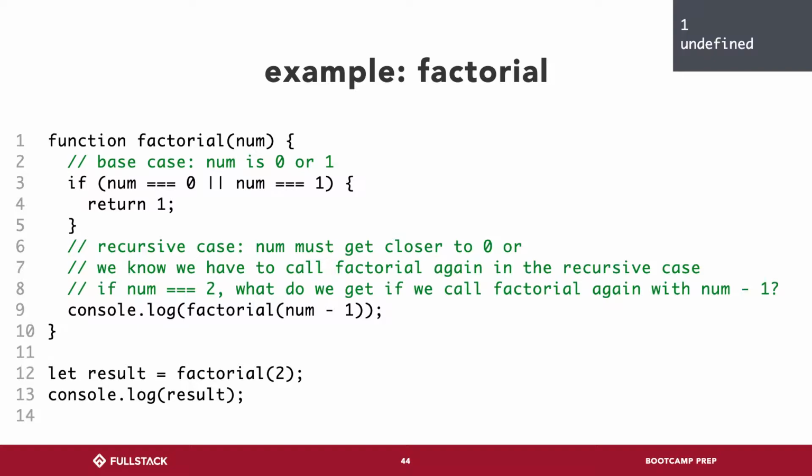Because this function runs, it hits this, so then this function is called again. So then this is still on the call stack, but now another thing is on the call stack, factorial of 1. So then we hit this, return 1, so then that gets taken off the call stack, and then factorial of 2 can finish running, and 1 is console logged before this line is ever reached. Okay?